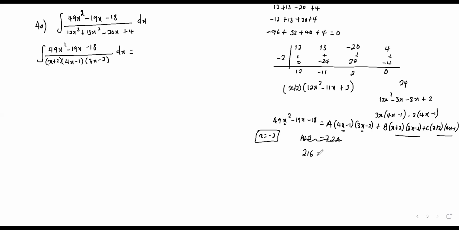So 216 is equal to 72A. So what is A? A is equal to this divided by 72. A is equal to 3.